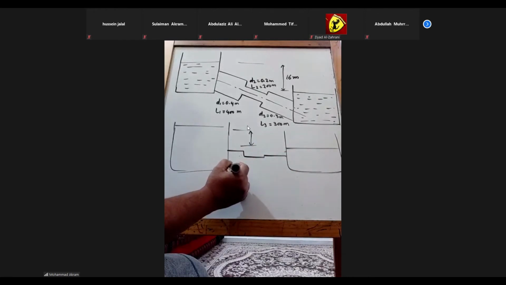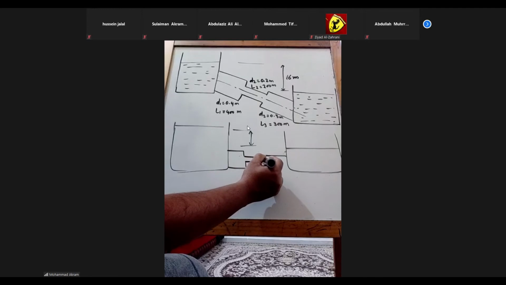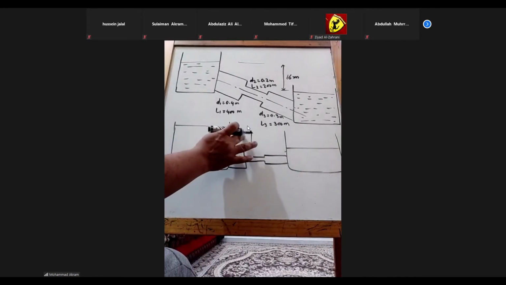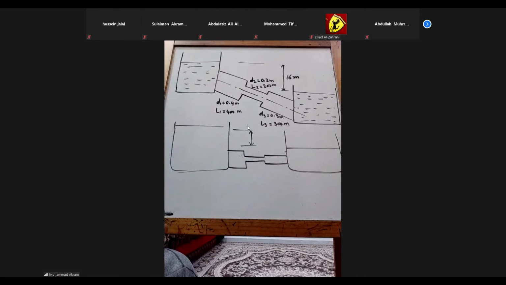If you have drawn like this, then also it is correct, but you have to show the difference in the levels of the heights.